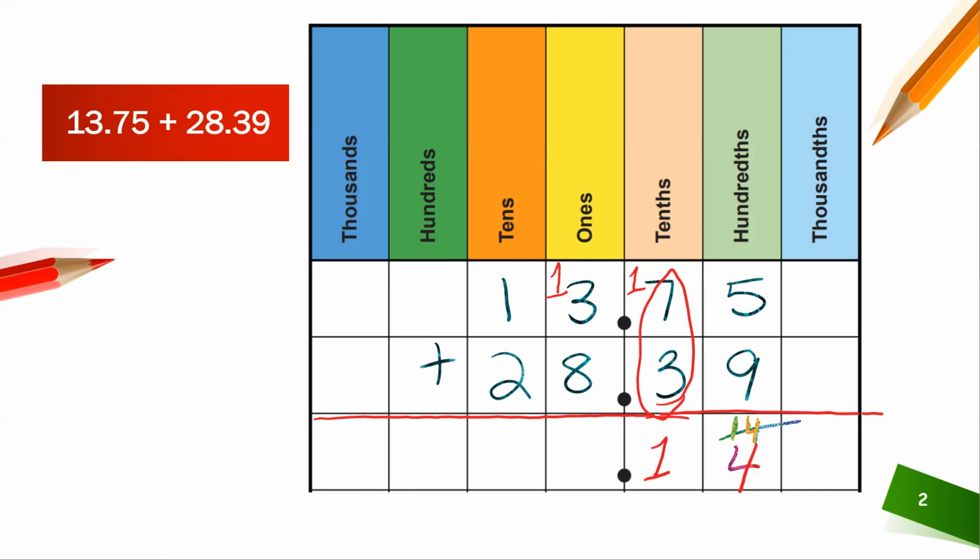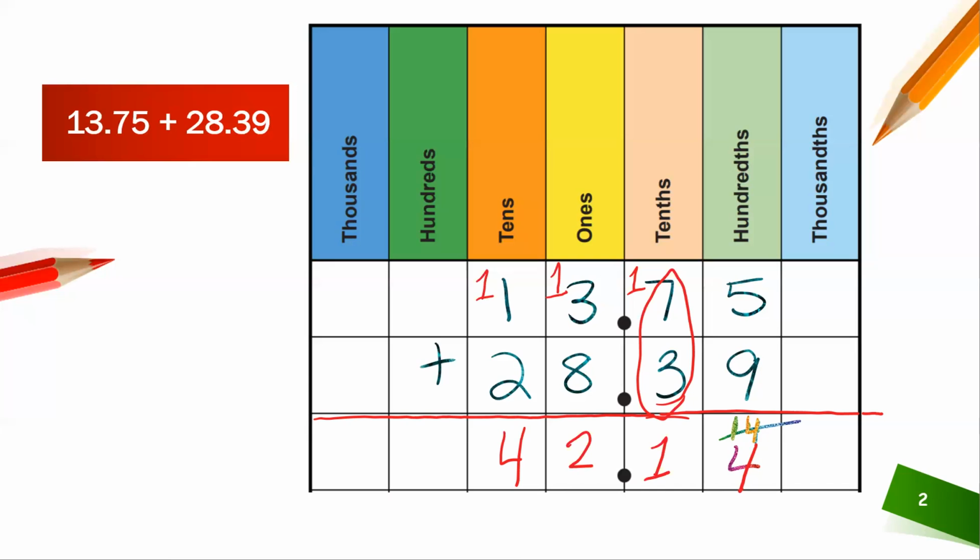Then the next thing I'm going to do is to focus on the ones place. And again, we are going to make 10, right? So 8 right here, we'll need 2 more to make 10. That will go up to the next place value. So I will have 2 singles right here. And then here, 1 plus 1 plus 2 is 4.